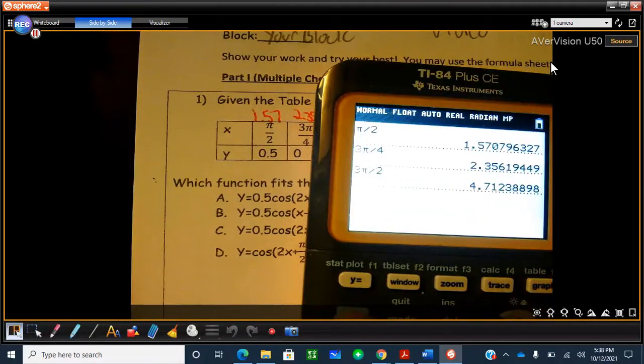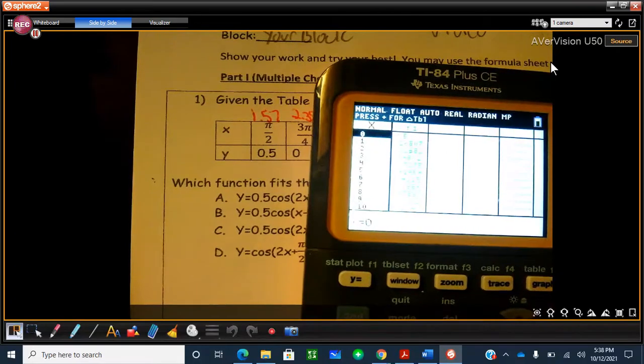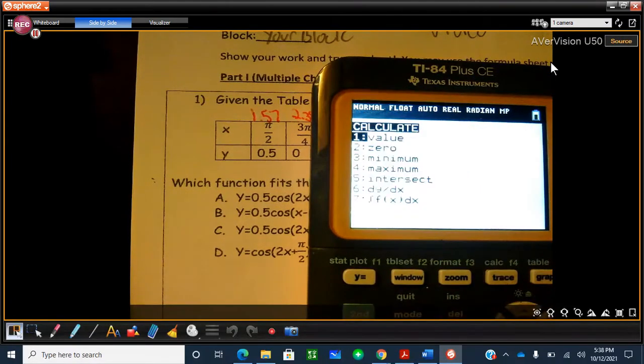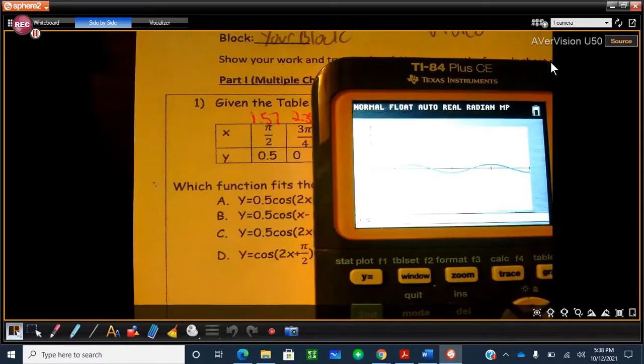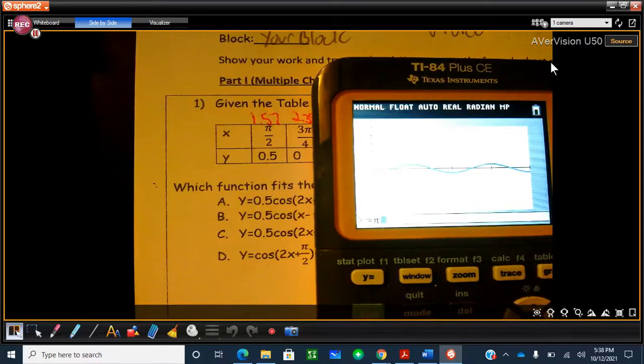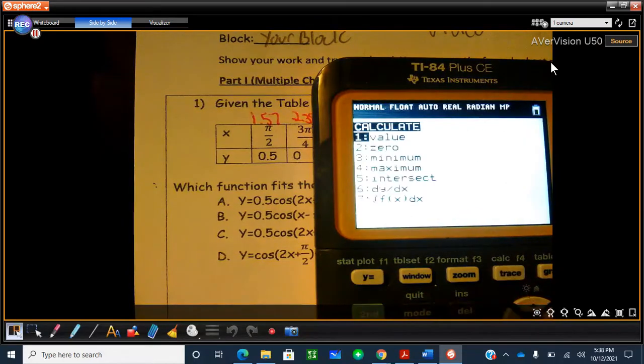So if I go to my table, now I'm looking better. I can do second calc, and now I can say, a value, what about when x is, I wonder if I can just put pi over 2. Oh, there we go. So I'm calculating, second calc, I'm putting in a value.